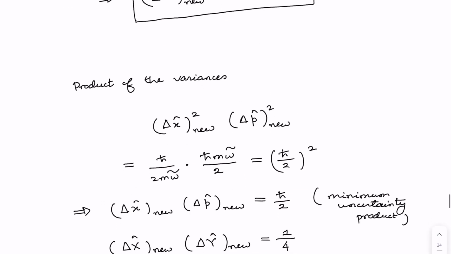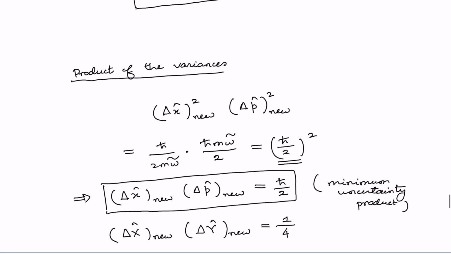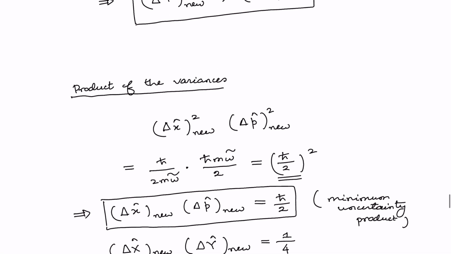Now what about the product of the variances? It can be very easily seen that the product of the variances in the position and the momentum for the new oscillator is going to be given by h cross by 2 whole square, and that gives the product of the uncertainties in position and momentum for the new harmonic oscillator, equal to simply h cross by 2, which refers to the so-called minimum uncertainty product.